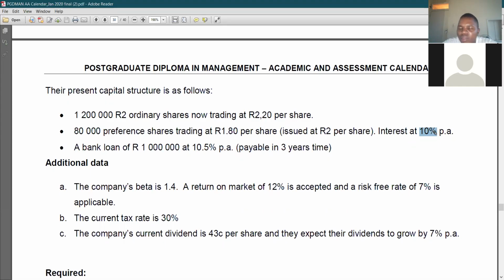Just because when you go to Stanley to do your investment, there is a certain percentage that acts as your interest on your investment. If, for instance, you've invested 100,000, which means after a year, if the interest is 10%, you'll get just 10,000 rand on your investment. I hope that makes sense.